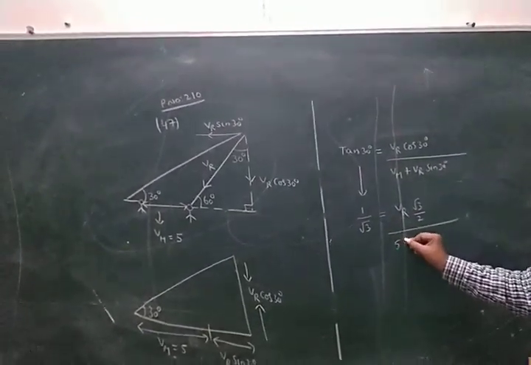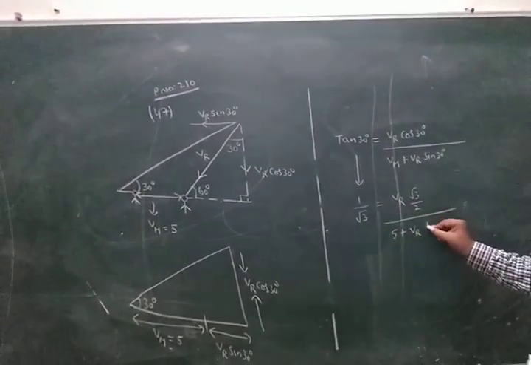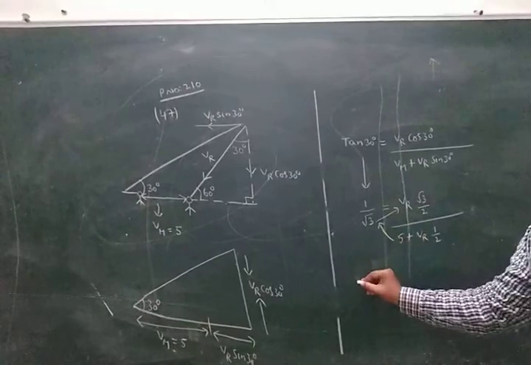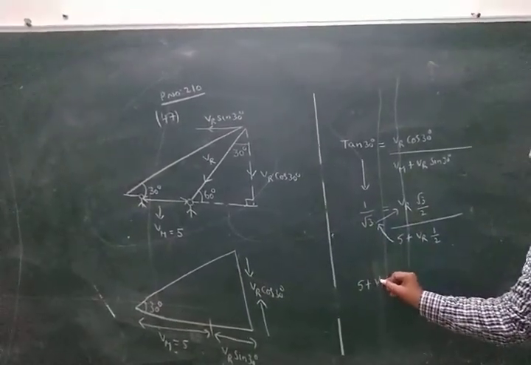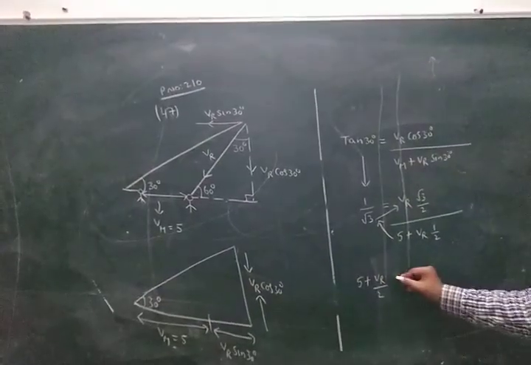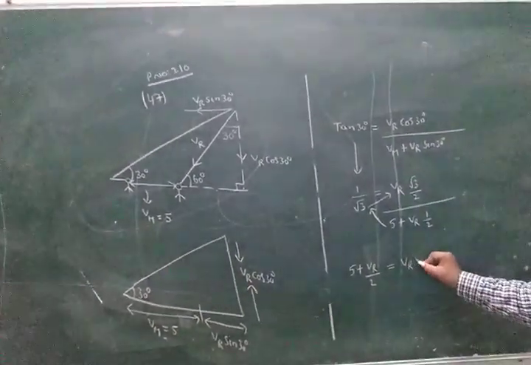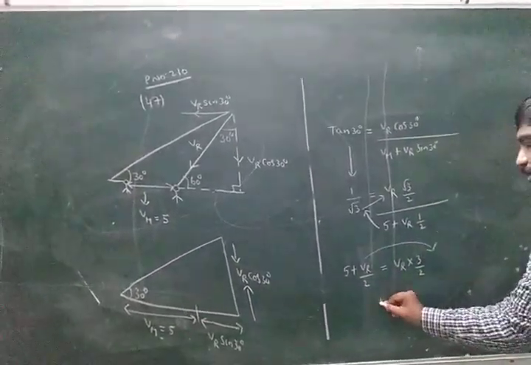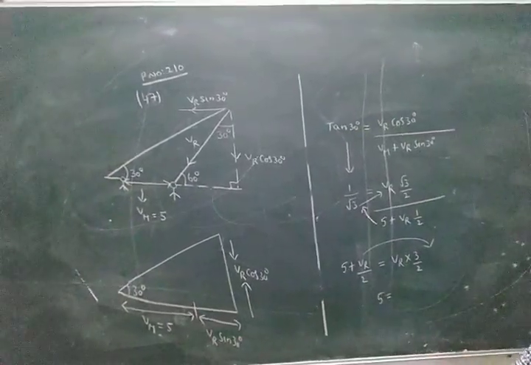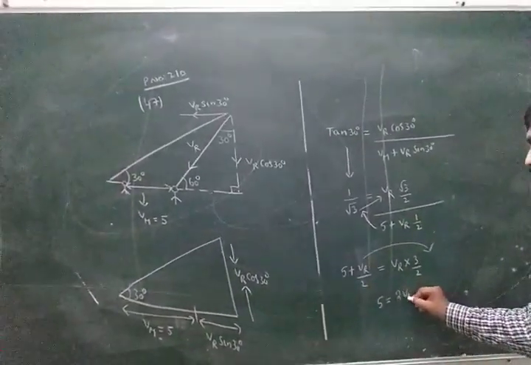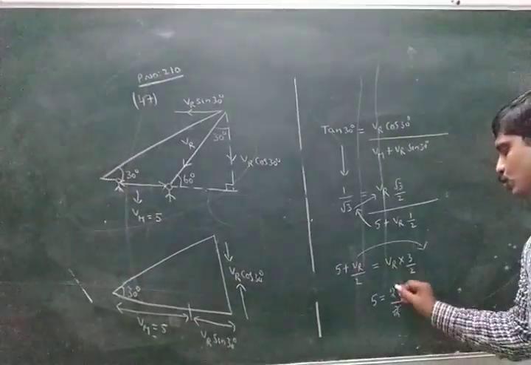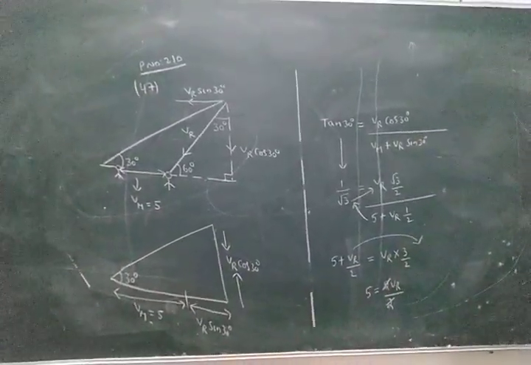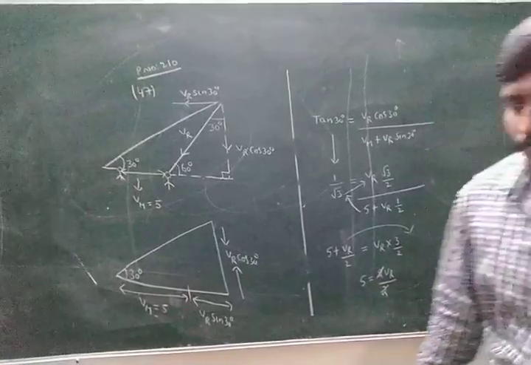Vm value 5, VR I don't know. Sin 30 is 1 by 2. Cross multiply: denominator to the other side, numerator 5 plus VR by 2 equals VR into 3 by 2. Moving to the other side, minus 5 equals 3 VR minus VR, 2 VR by 2. The 2s cancel. What is the velocity of rain value? 5. This is the solution of the problem.